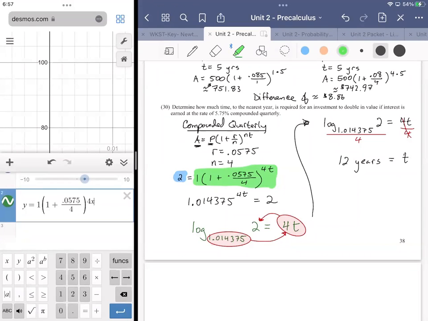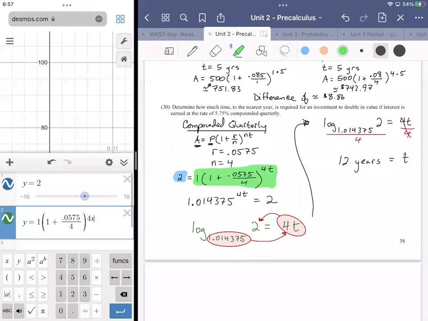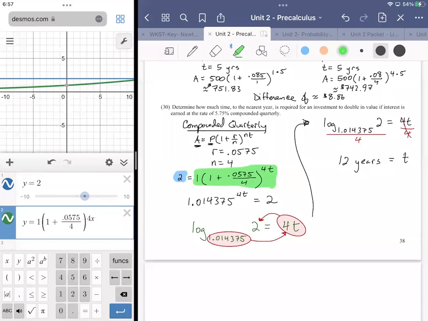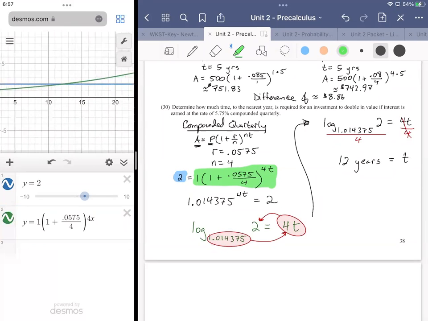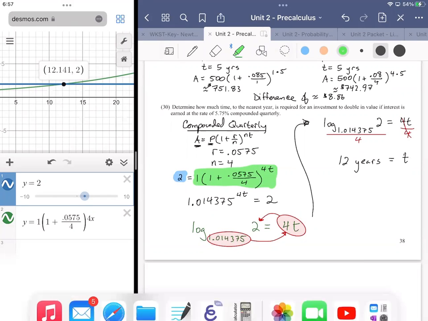All right, so we have left side in as one equation, right side in as another. We have the two curves look like they're bound to intersect at some point. If I scroll a little bit further, I see that they're going to intersect right here at 12.141. Wonderful. Nice and easy.